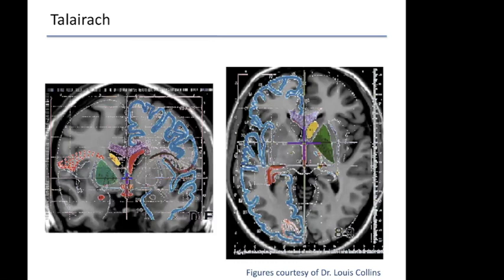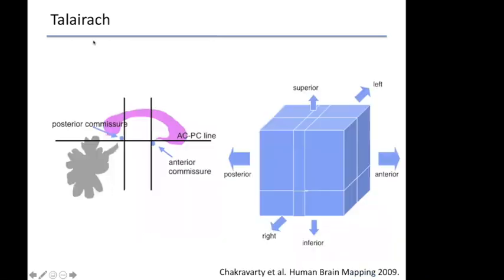And these are the manual tracings made from the axial or coronal sections that were taken of her brain. The initial common spaces were basically doing these gross and coarse alignments manually, based on a coordinate system defined by the anterior commissure and the posterior commissure, otherwise known as the ACPC line.